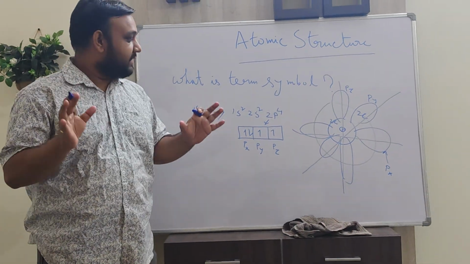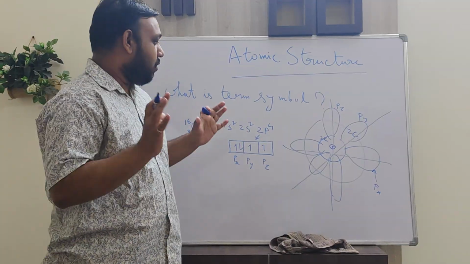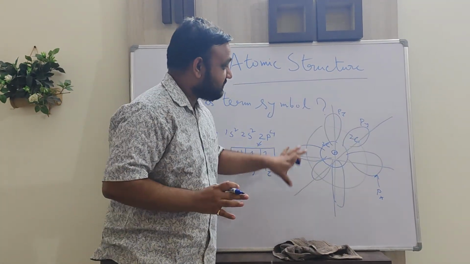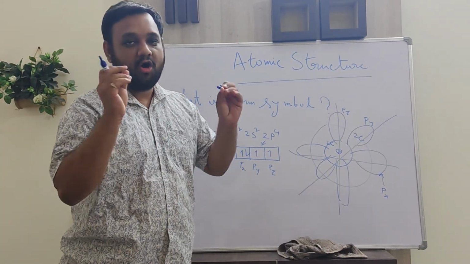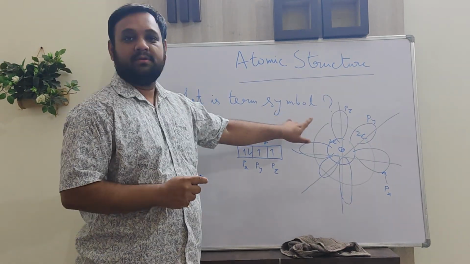So now we have to understand that electrons are distributed inside an atom, that's all right, but what is the state, like how to represent this whole scenario of an atom? That representation of electronic state is called as term symbol.